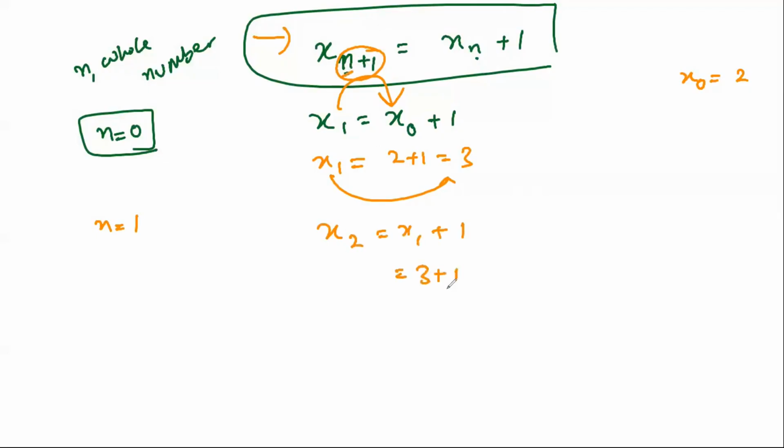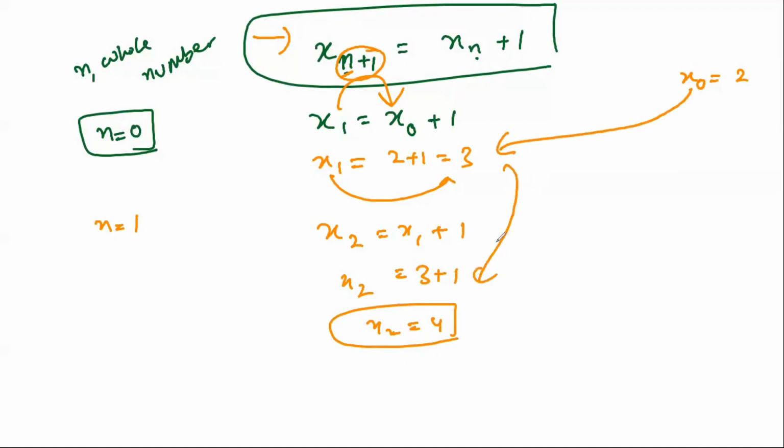So x1 is 3, 3 plus 1, so the x2 value is equal to 4. See, on x0, x1 is dependent. On x1, x2 is dependent. So every current or next solution is dependent upon the previous solution, right? So it's a repetitive process, meaning we have to work out the next using the previous.